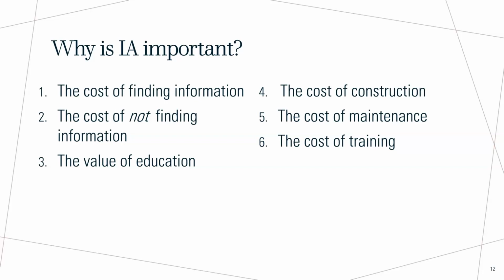Training. How much does it cost to train somebody to use this thing, to maintain it, to create it even? Good information architecture will help people. So oftentimes, information architects are used in the training field. Interaction design and technical communication are often dragooned to help out with professional education.